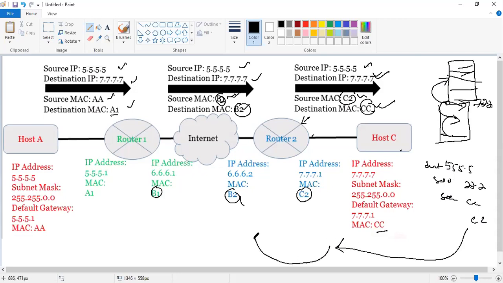From there, it traverses the same way, doing all the MAC changes without changing the source and destination IP, and reaches host A, and you'll see your Google page. This is how it works.